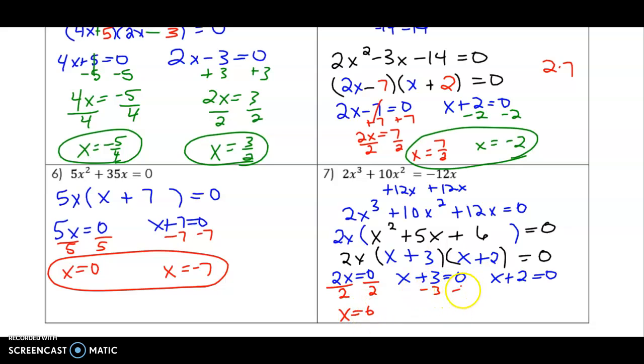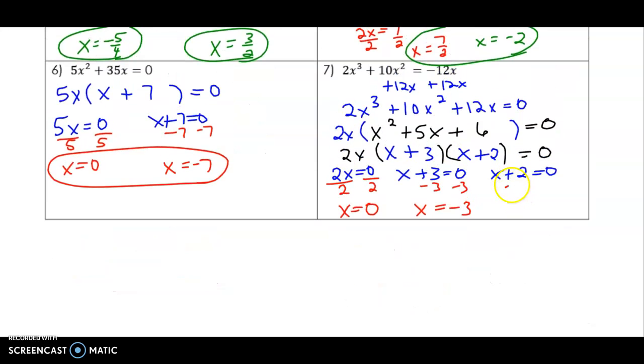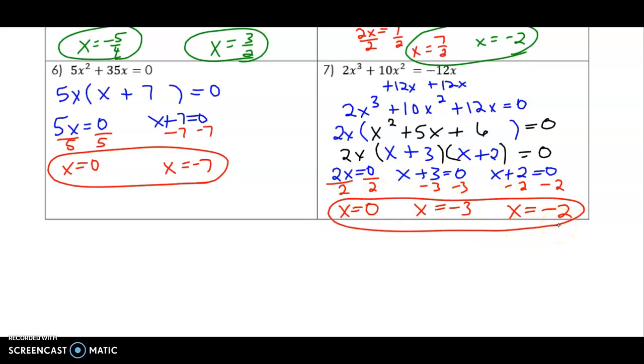Subtract the 3 and get x equals negative 3. And then finally subtract the 2 again to get x equals negative 2. So this one actually has 3 answers. Okay?